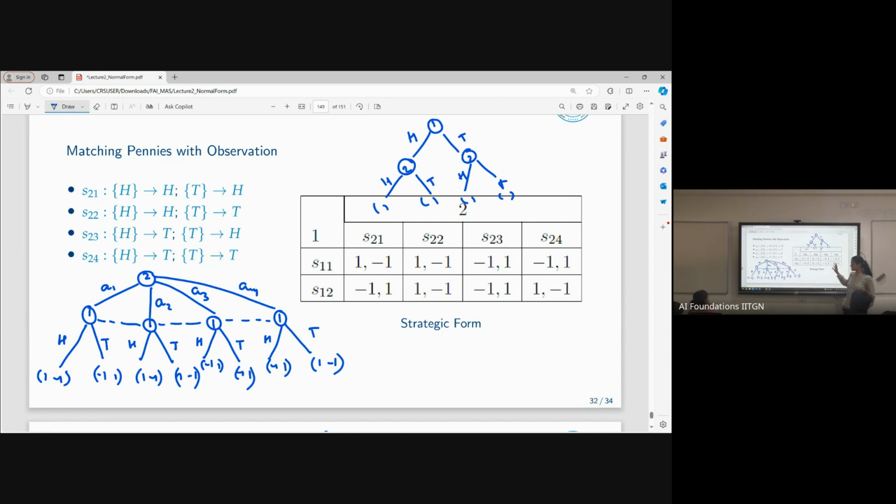And that would anyway correlate with the corresponding extensive form. So from next class onwards, we'll only be focusing on strategic form games, and we will try to analyze different strategic form games and try to see what is a good outcome, what is the definition, what does it even mean for an outcome to be good in a strategic form game and all those things.